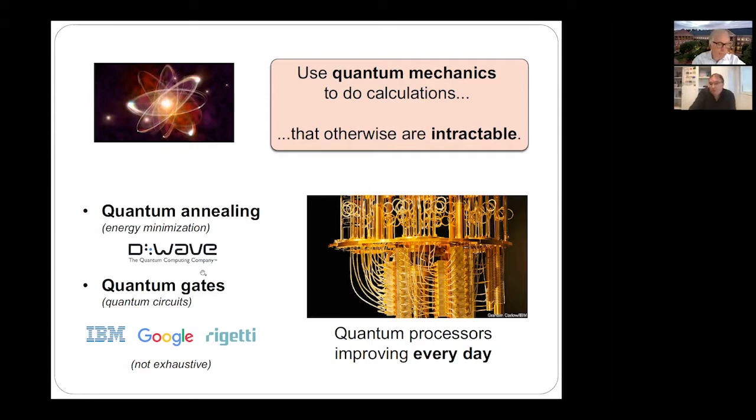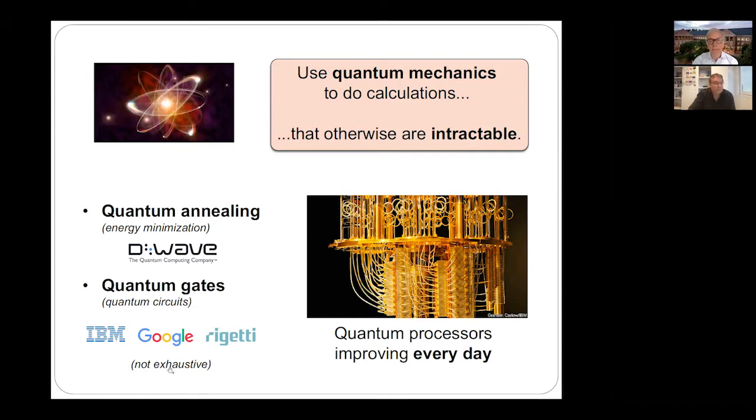Other types of quantum processors that people are commercializing nowadays are based on what is called universal quantum computing, or what they call universal quantum processors. These are the closest thing that you would imagine to, say, a computer based on logic gates. And these are based on quantum gates. These are the types of processors that people like IBM or Google or Rigetti, which is another startup in the US, are developing, okay?